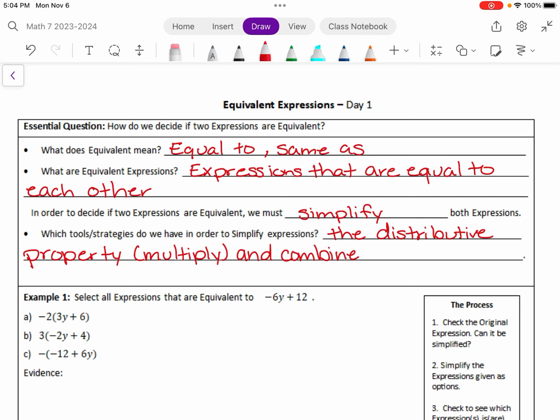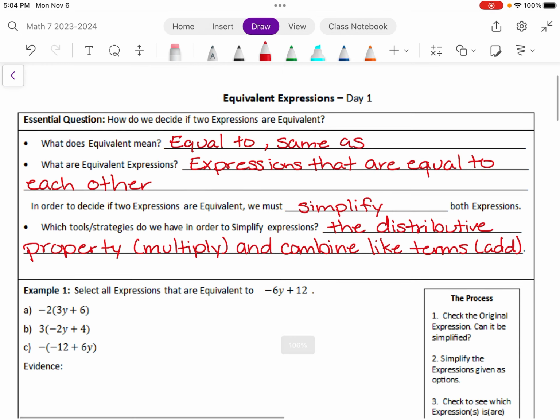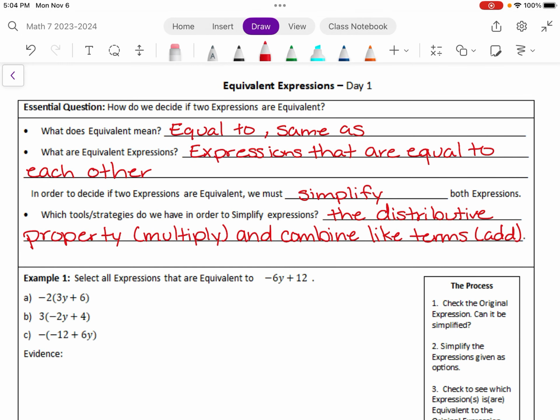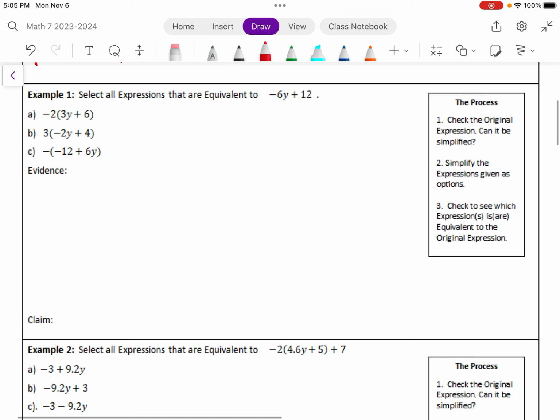So combine like terms, which means we are adding. Okay.